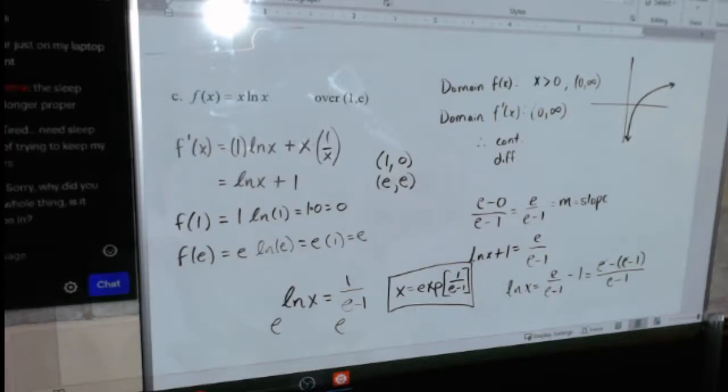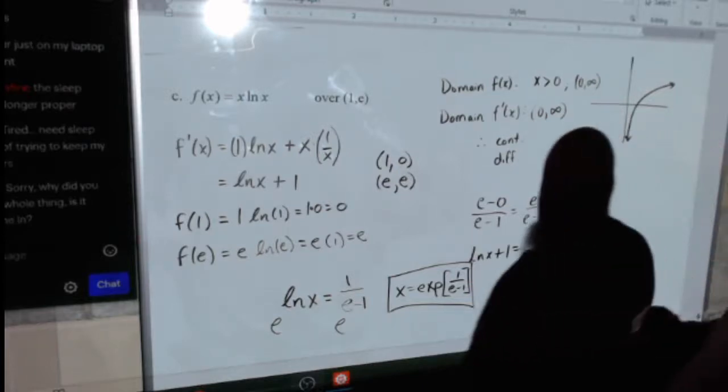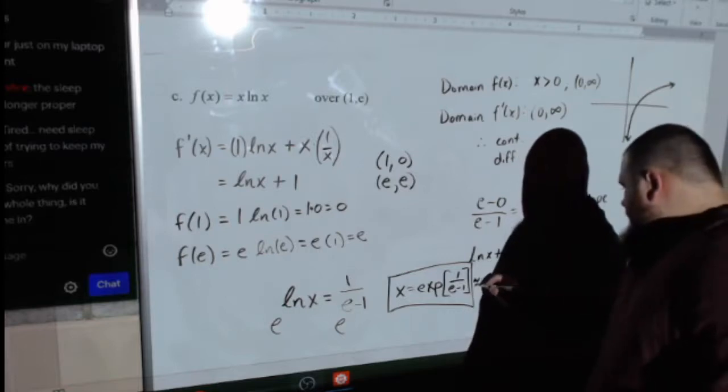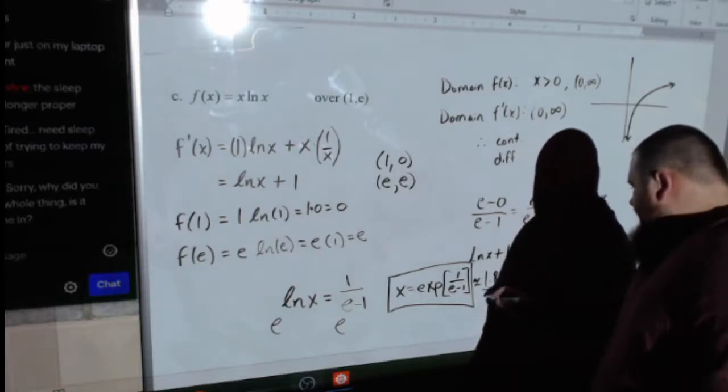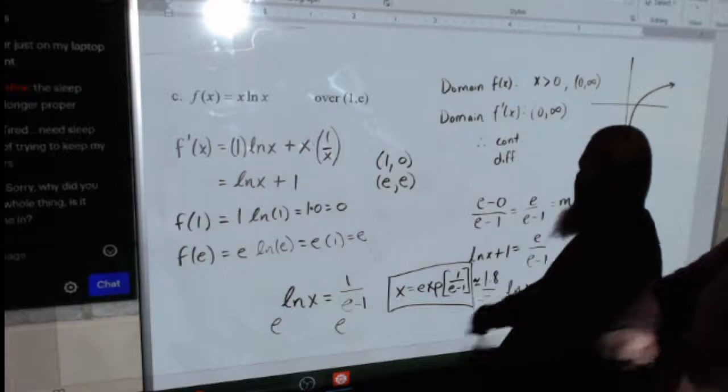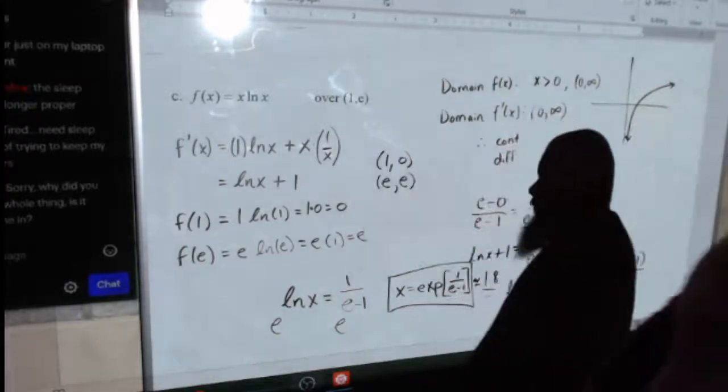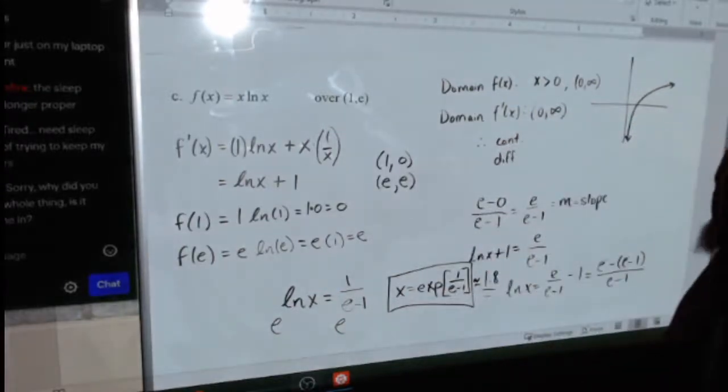It says 1.7895. So let's just say 1.8 approximately. And I just wanted to know that because I wanted to make sure, does it fall between 1 and e? Otherwise, we've done something wrong.